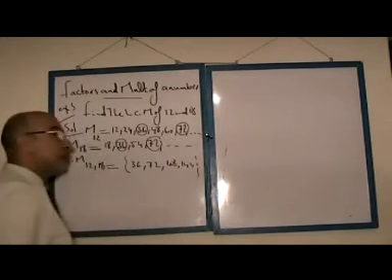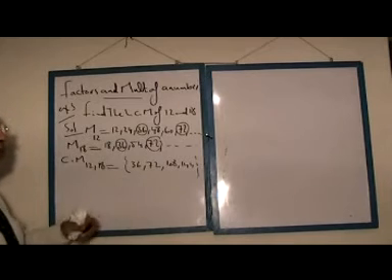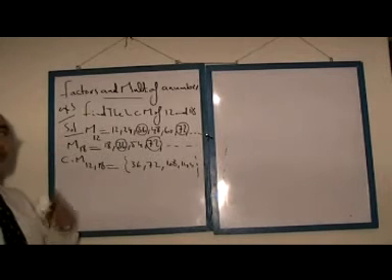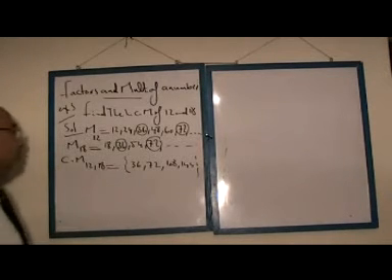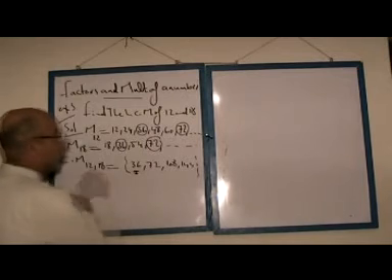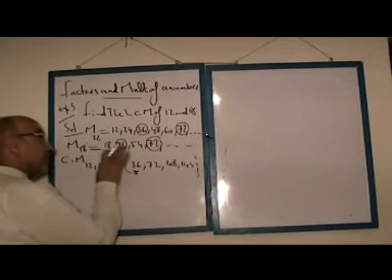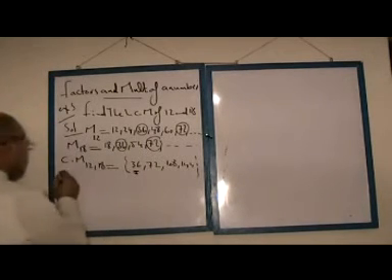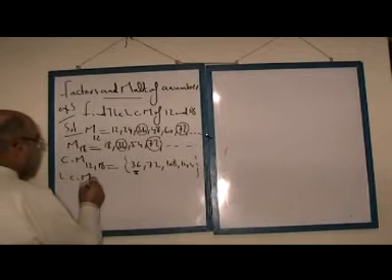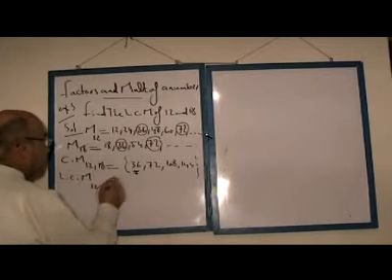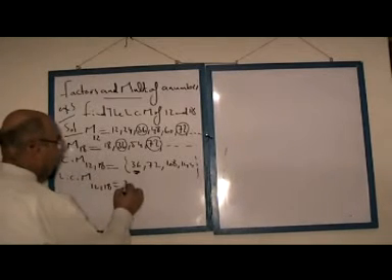All these are common multiples. But what we are interested in is the lowest, so we are going to choose the smallest value. So I would say the lowest common multiple for 12 and 18 is 36.